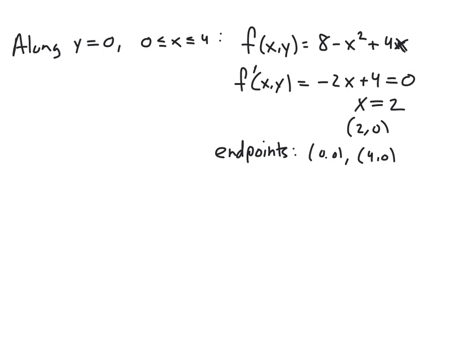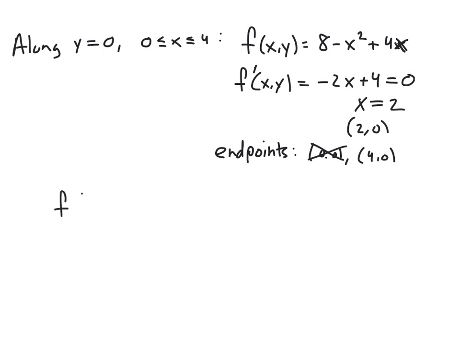Now notice we've actually already computed f of 0, 0. That was one of the endpoints of the other side. Each of the vertices of this triangle is going to be counted on 2 of the sides, and so I actually don't need to compute f of 0, 0 again. We've already checked that one. It's in our list. So I'm going to go ahead and cross that one off, although if we hadn't checked it yet, we would have to check it.